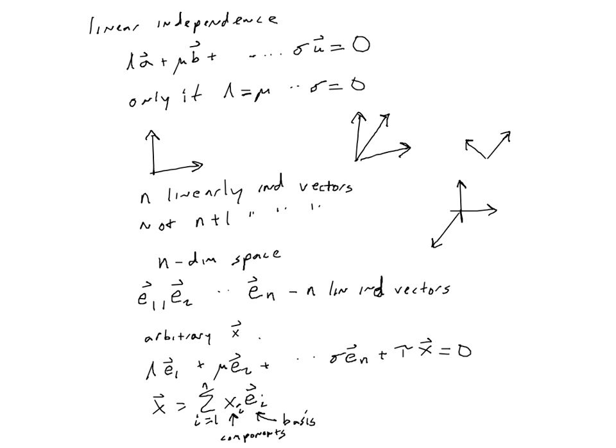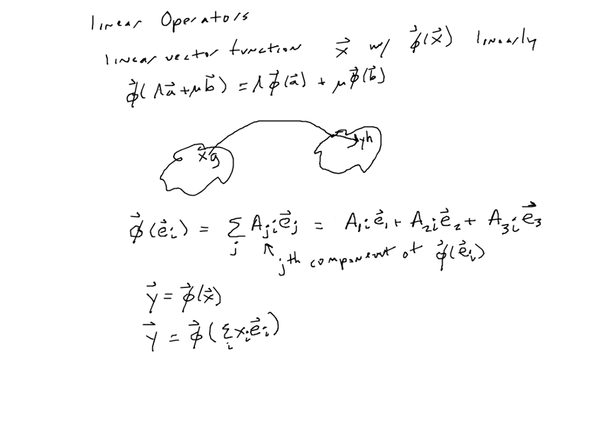And the reason why I write it this way is because, remember, x is an arbitrary vector which is made up of these components, x sub i and e sub i, the basis. So I can take this arbitrary vector x and I can expand it out. Now, because I've expanded it out, I can take the components of x, since they're just scalars, and move them outside of this. So I could say that this is just the sum over i, x sub i, of phi of e sub i, right?